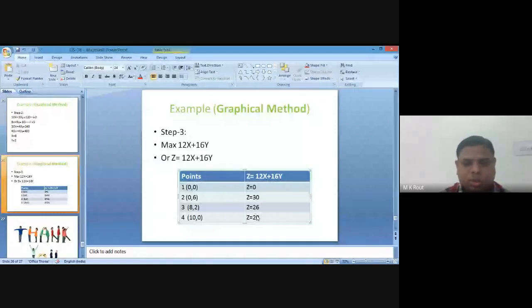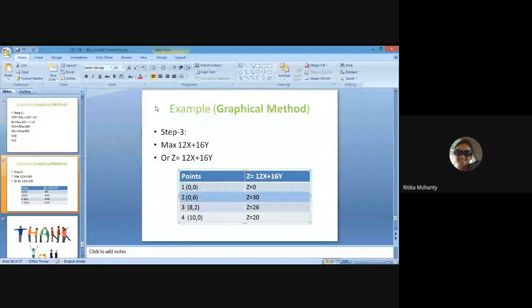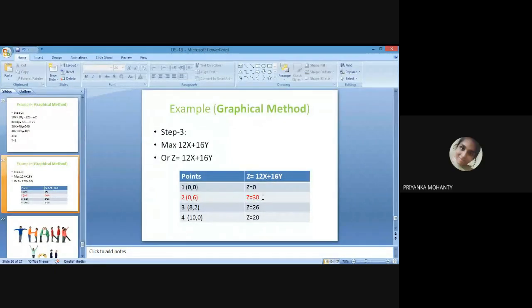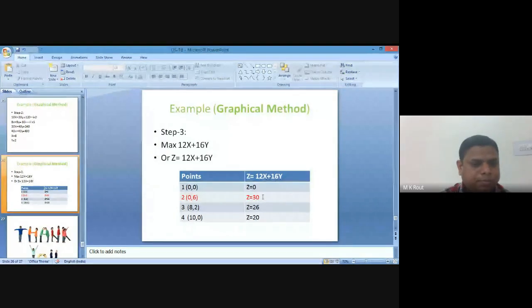Which is your optimal solution? Sir, 0 and 6. No, the optimal solution you write in terms of the objective function, that is Z equal to 30. That is the optimal solution.